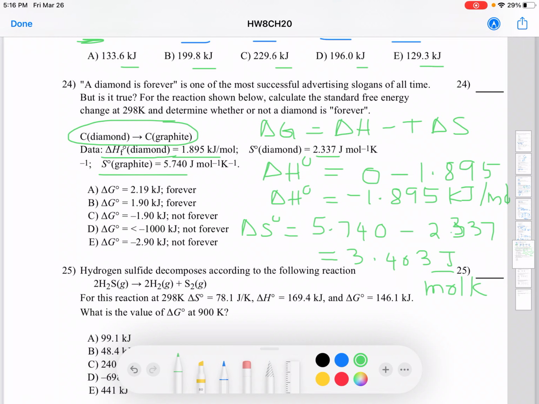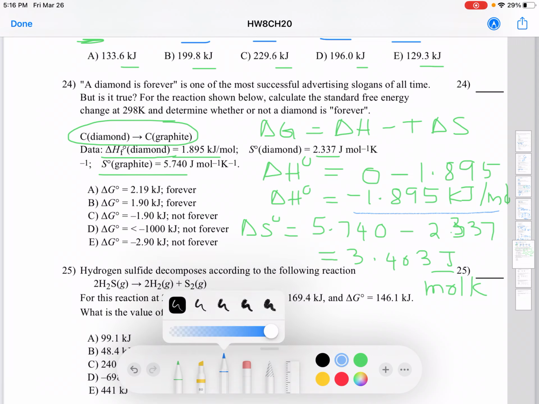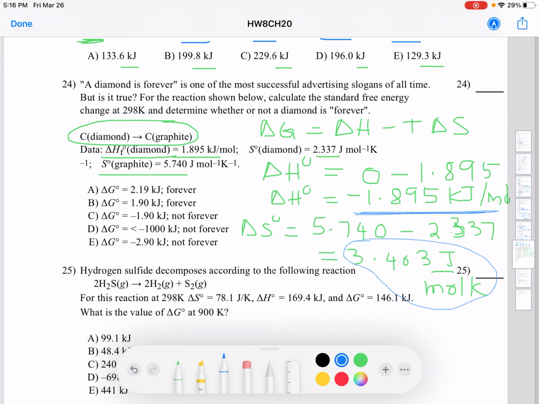Now you found delta H naught negative 1.895 and delta S naught 3.403. This value is in joule, so make sure to convert it into kilojoules.